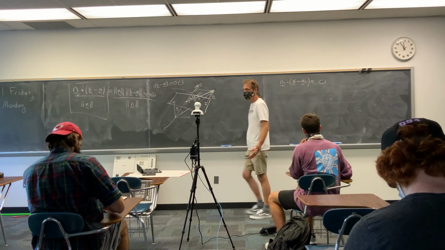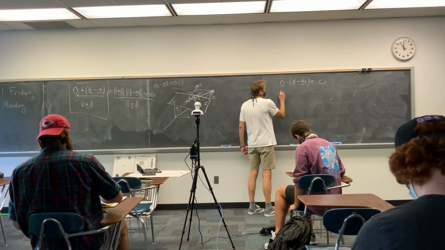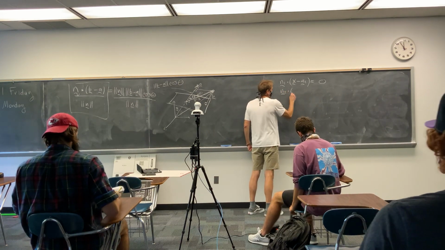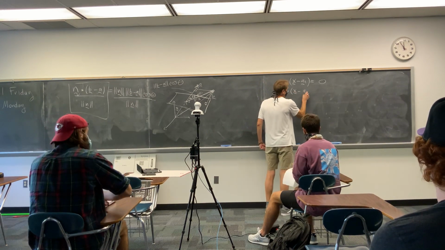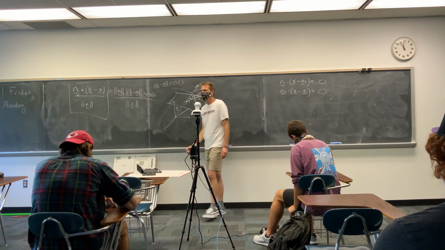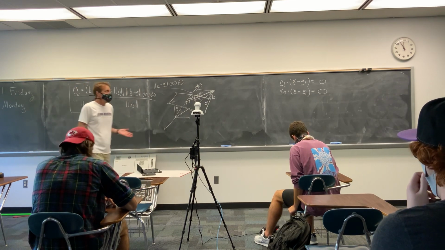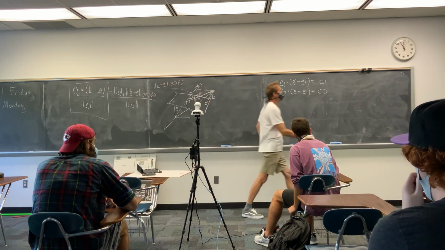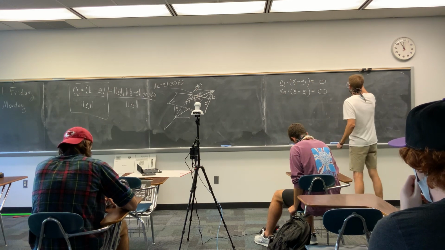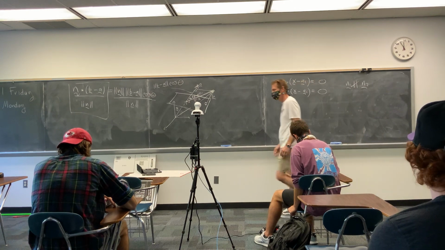Maybe there's one, n1 dot x minus a1 equals 0, and I've got another one like that, n2 dot x minus a2 equals 0. And they're not parallel: n1, that normal vector, is not parallel to n2.